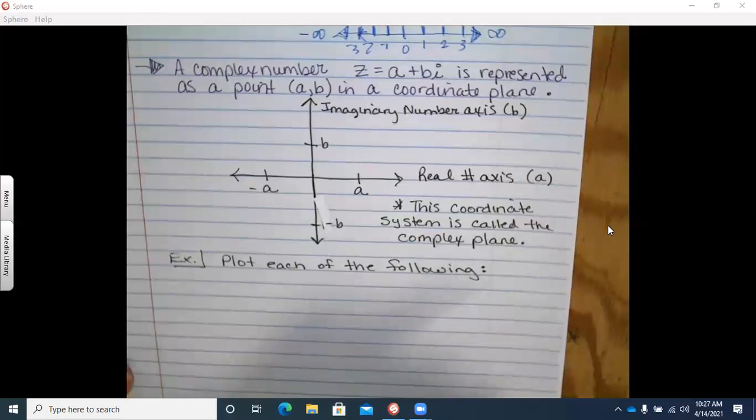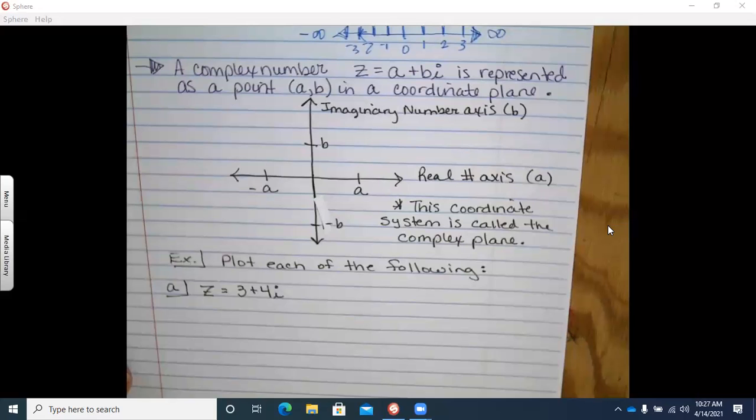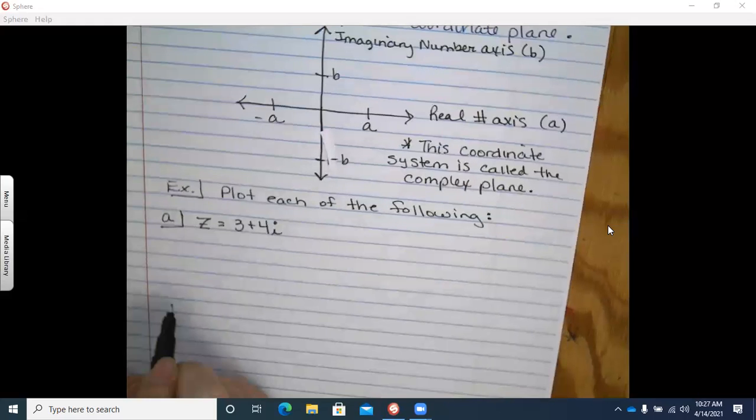Part A, we're going to plot z equals 3 plus 4i. So I'm going to draw a complex plane like I did above, but I'm going to put some numbers on there.